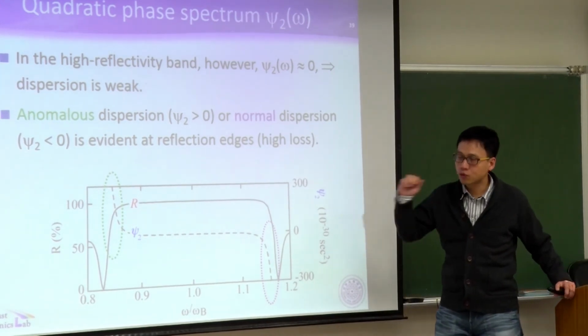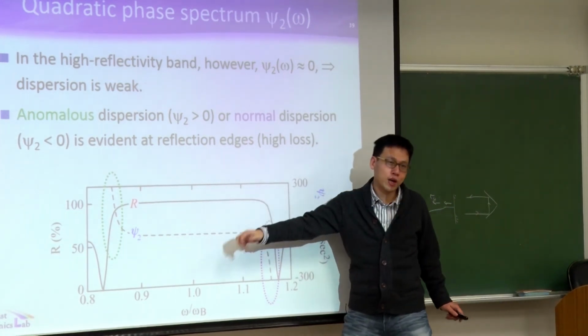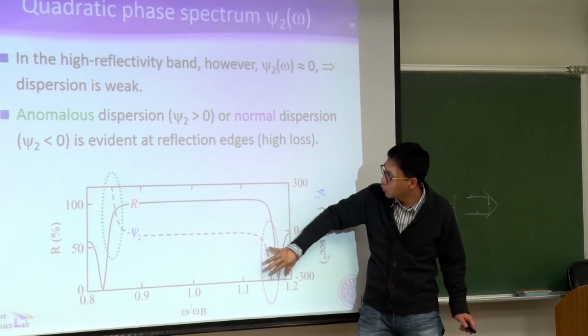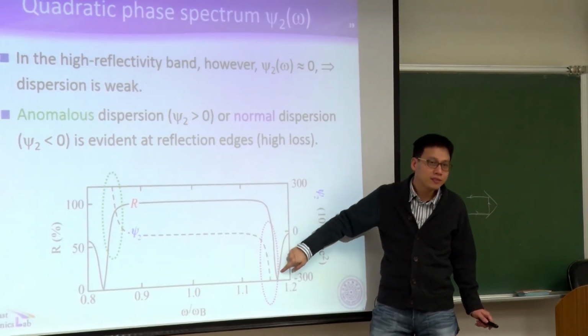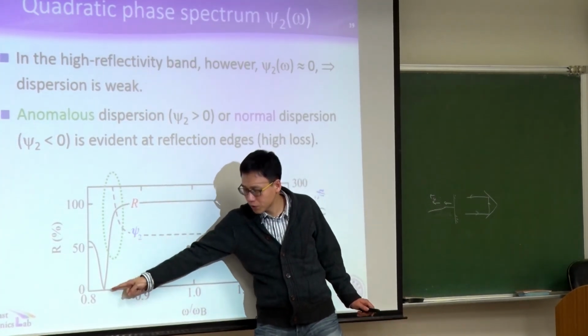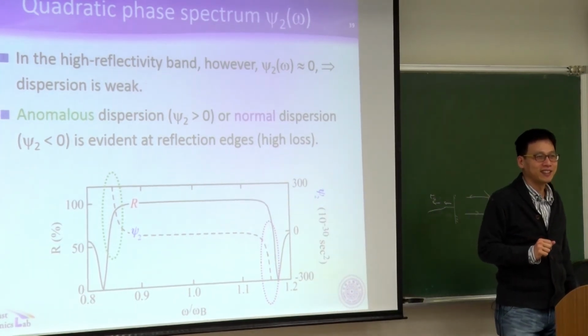However, in these regions, your reflectance drops rapidly. That means if you want to access normal dispersion, you will suffer strong loss. If you want to access anomalous dispersion, you will suffer from loss as well. Okay.